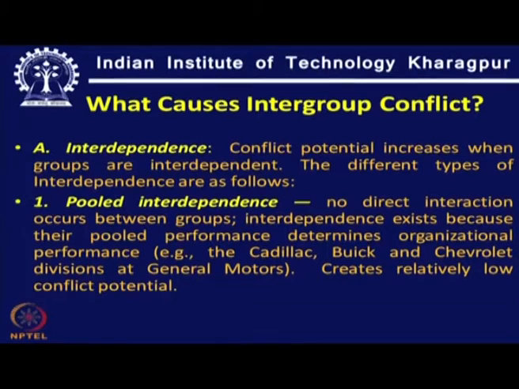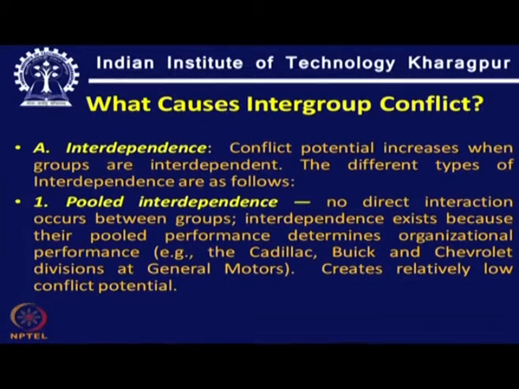The causes of intergroup conflict are quite elaborate. We will try to focus on some of the causes here. The first cause is, of course, interdependence, and that is where conflict arises.